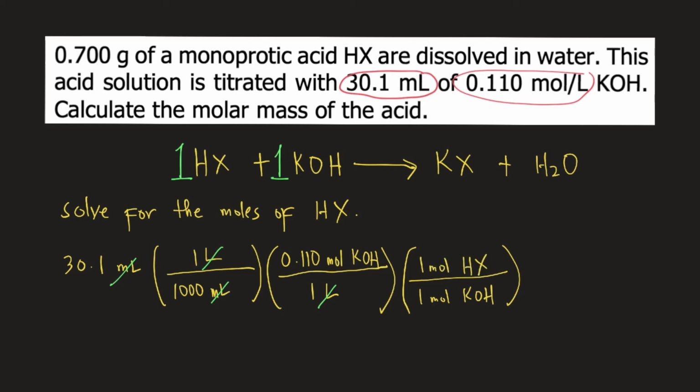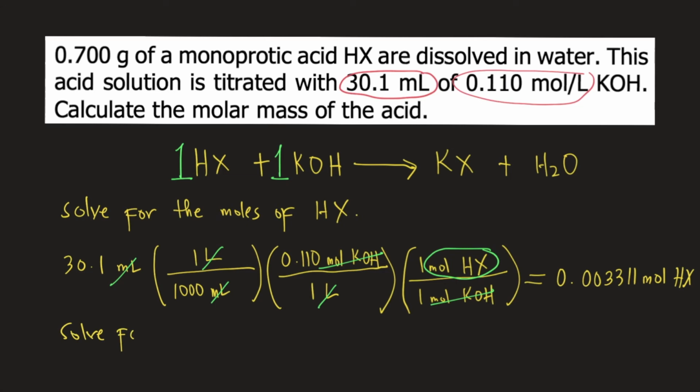So moles of KOH will cancel, and now you can solve for the moles of HX. And this is equal to 0.003311 moles of HX.